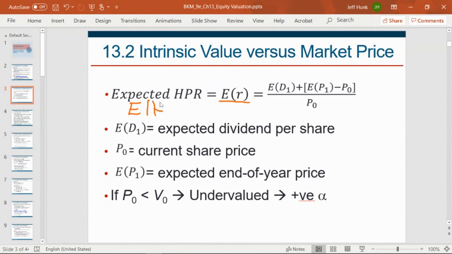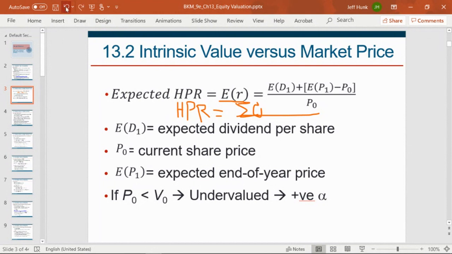What's the difference? The difference is the expectations operator, because previously, just regular holding period return is basically based on all the cash flows, accumulated cash flows.